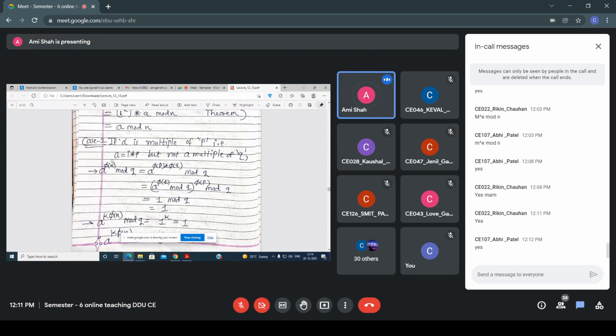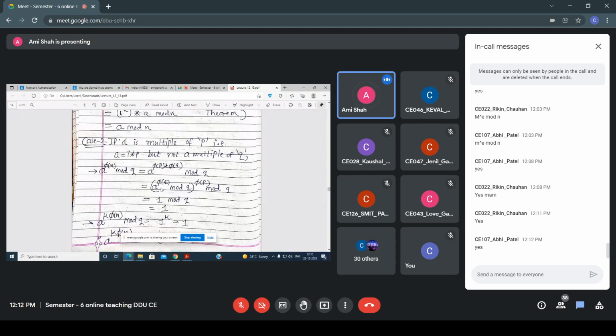Now instead of this phi n, since n is a combination of p into q, I can write a raised to phi p into phi q mod q. Now instead of that, I can write a raised to phi q, raised to phi p, mod q. In this way I can write. And a is not a multiple of q. If a is not a multiple of q, then the GCD of the two numbers is 1.